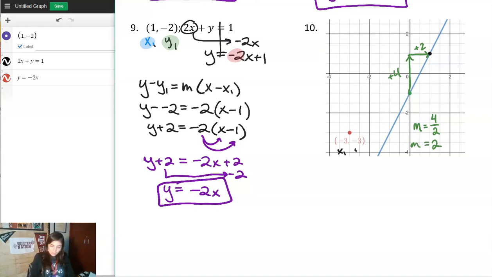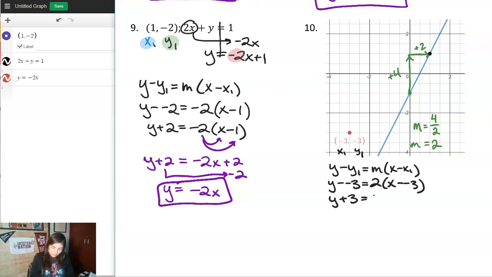Well, now I have x1 and y1, and I have a slope. When I have a point and a slope, I'm going to use point-slope form. We fill everything in that we know. We know that the y is going to be negative 3. We know that the slope is 2, and that the x is going to be negative 3. We fix both of the double negatives because that's just confusing. y + 3 = 2(x + 3).